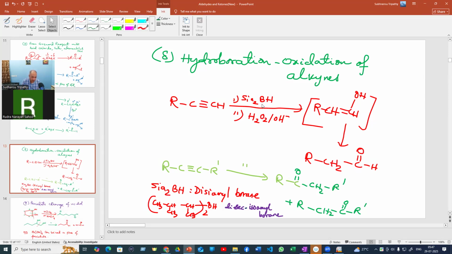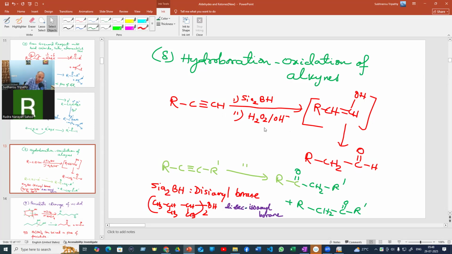This BH3, supposing it is BH3, two hydrogen atoms were replaced by Sia groups, disiamylborane, not diborane, a selective hindered borane. The advantage of this is that it will not make the double bond a single bond. If you take only borane, then another addition was happening in alkene to produce trialkyl borane, all single bonds. But here there will be no further addition because of the steric effect.